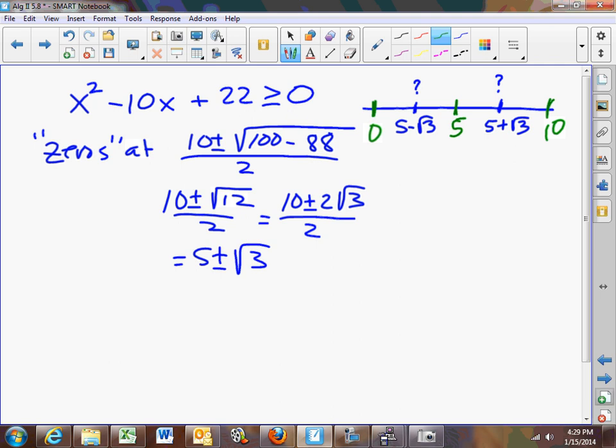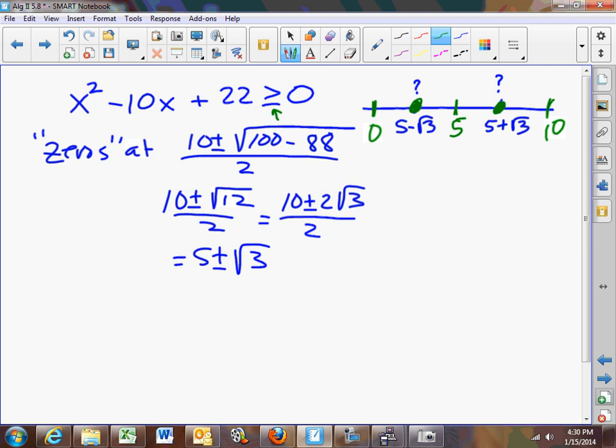Now, since 5 minus the square root of 3 is a 0, and we do want the places where it's equal to 0, we're going to put a closed circle on 5 minus the square root of 3, and a closed circle on 5 plus the square root of 3, because we do want those 2 values. Now, the question is, which of these intervals do we want the values in?